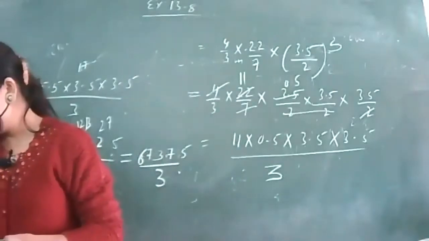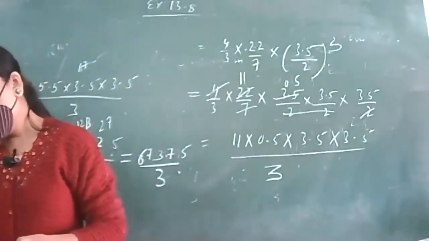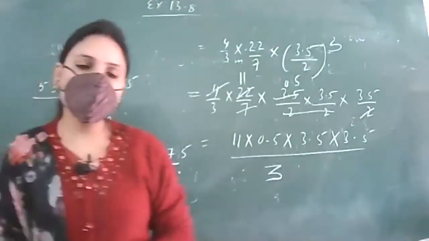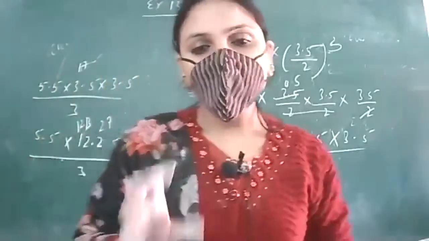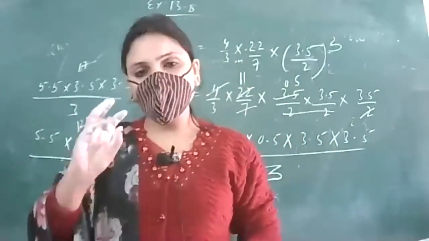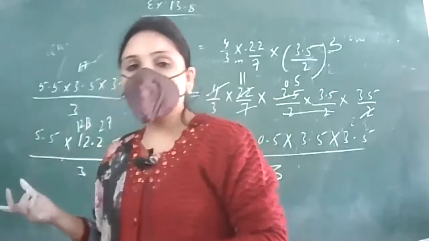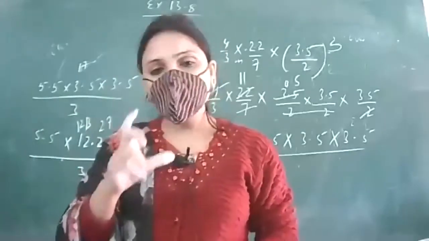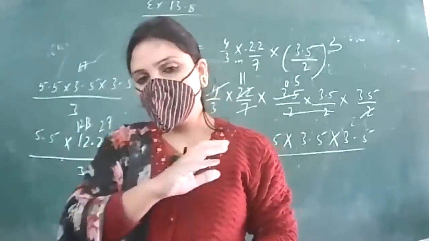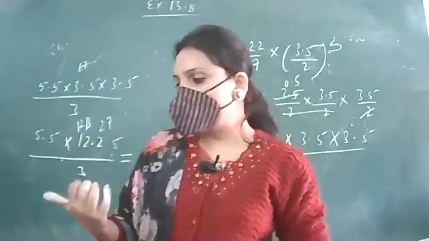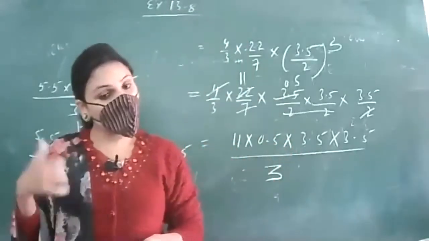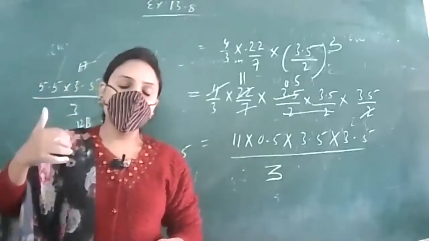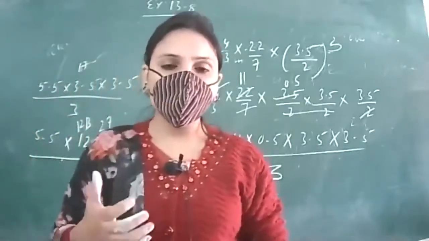So with this, we have finished the syllabus for PT3, which includes linear equations in two variables, then Heron's formula, and then area of parallelogram deleted. Then we have done surface area and volume.